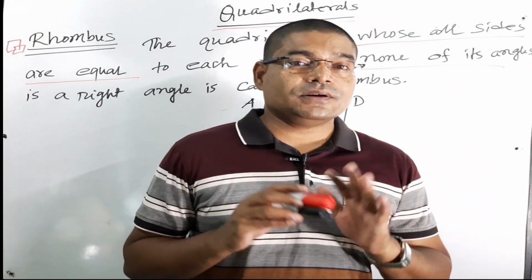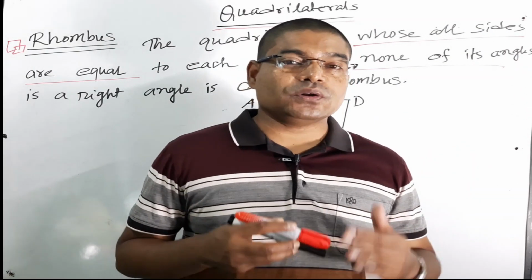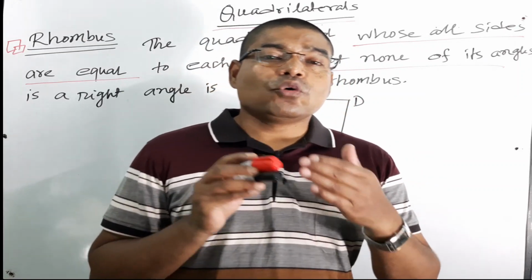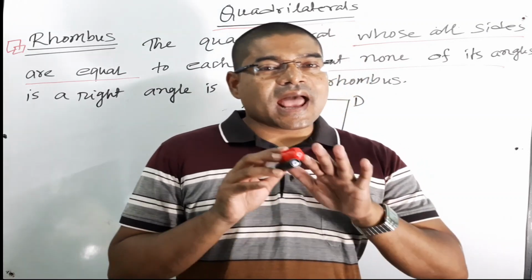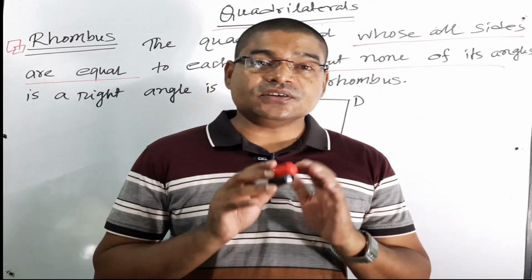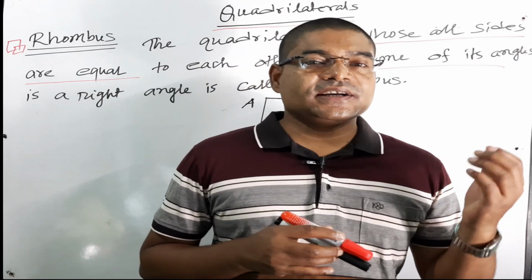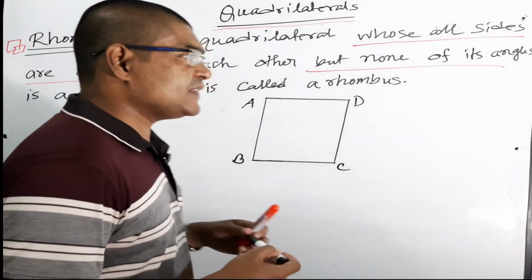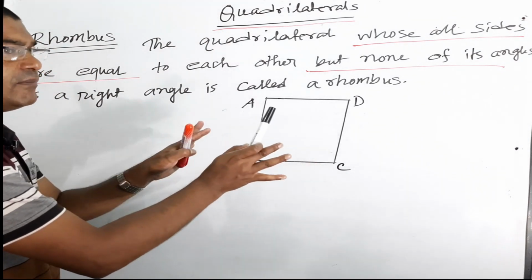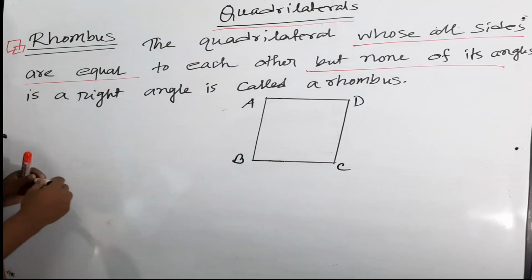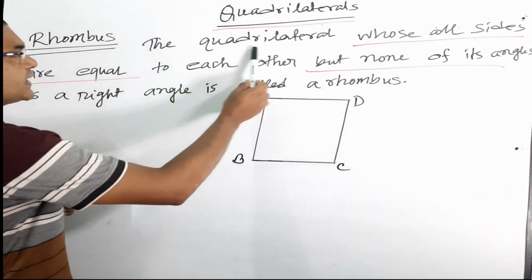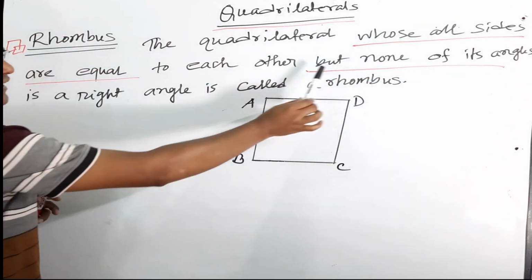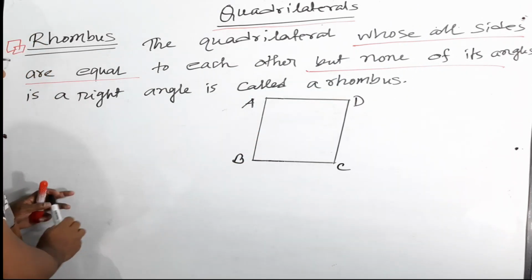Already we have learned square. Now we have to know the definition of a rhombus. The quadrilateral whose all sides are equal and all angles are not 90 degrees is called a rhombus. Now you can see here ABCD is a rhombus. So according to the definition, the quadrilateral whose all sides are equal to each other but none of its angles is a right angle.